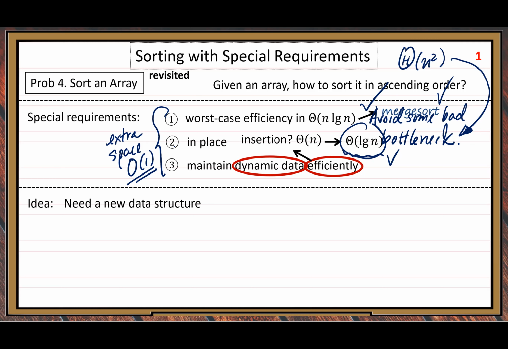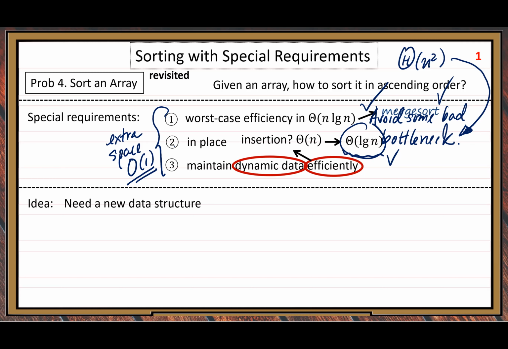That means this algorithm is relatively more advanced. If we do not use a new data structure, we cannot solve it. We have to start with data structure design.